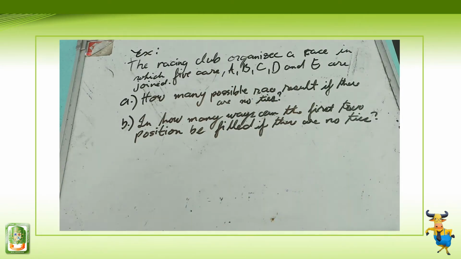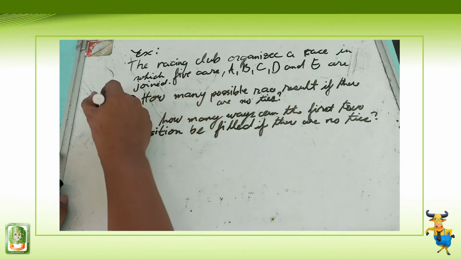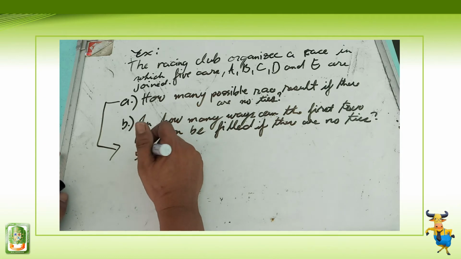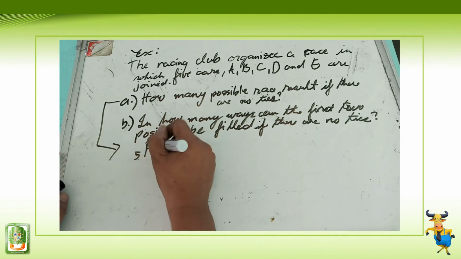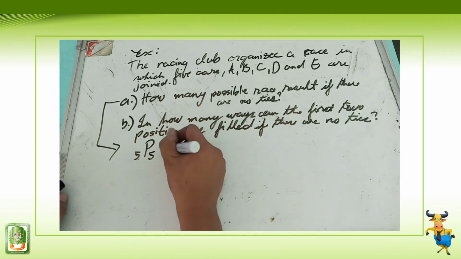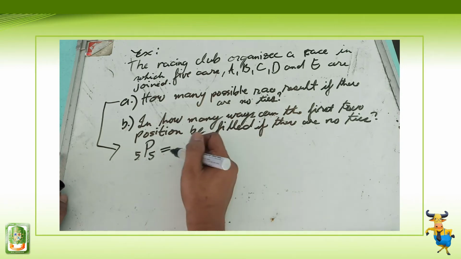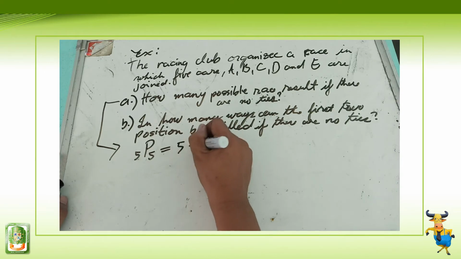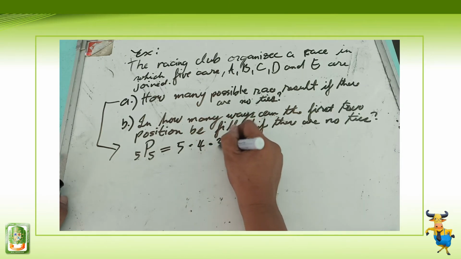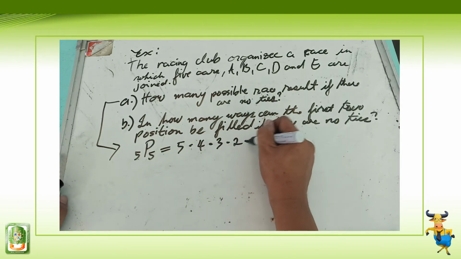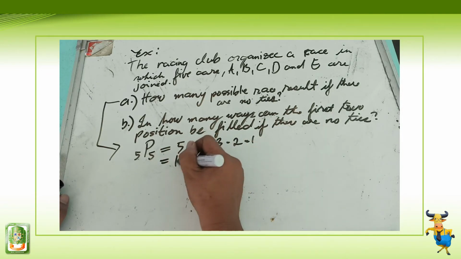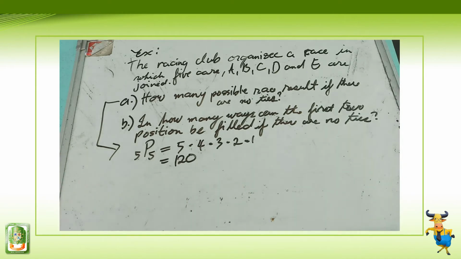We denote this number as 5P5, is equal to, ibig sabihin, parang 5 factorial rin. So, 5 times 4 times 3 times 2 times 1 is equal to 120.